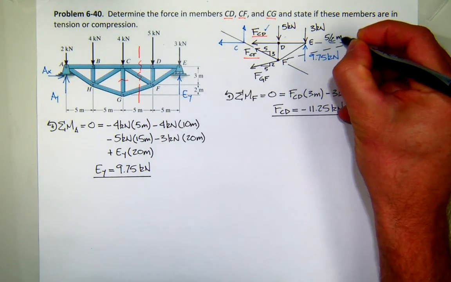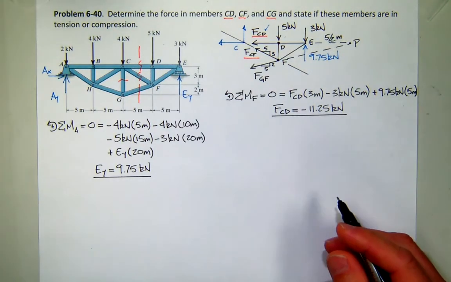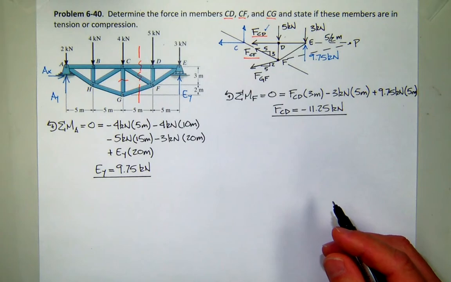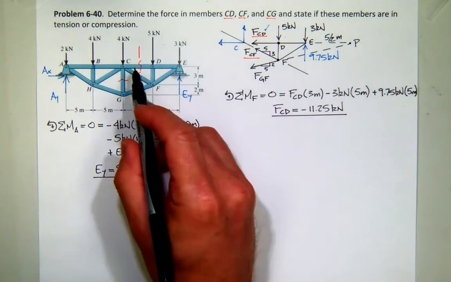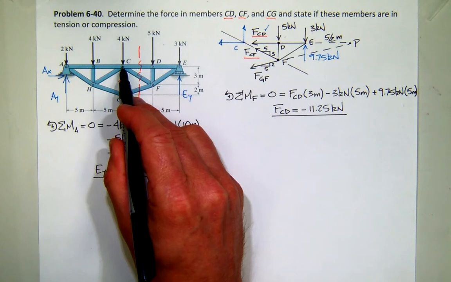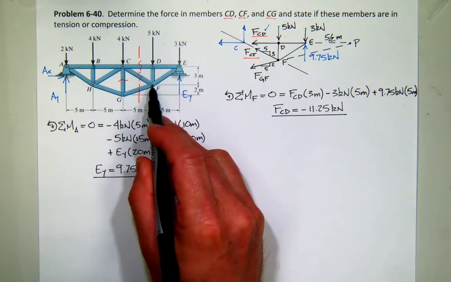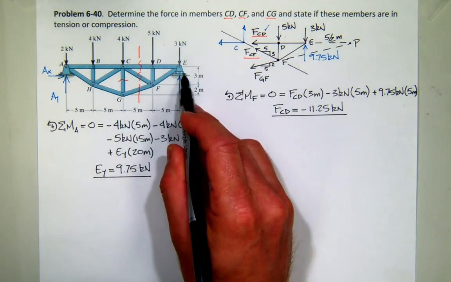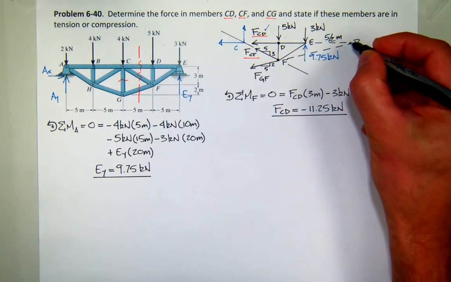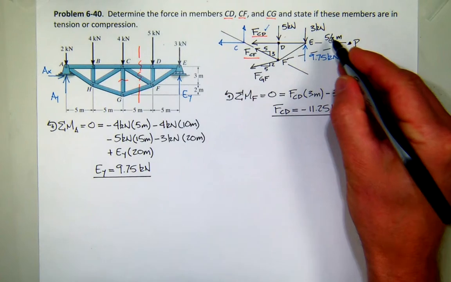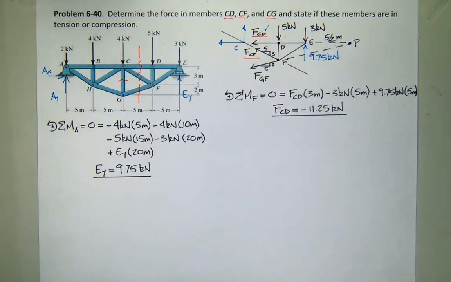Does that make sense? Obviously it's not to scale, but the distance between each of these is 5. I go from here to here, I drop 2. I go 5 more, I drop 2. If I go half of 5, I drop 1. So the distance from E to this new point P is 2.5 meters.